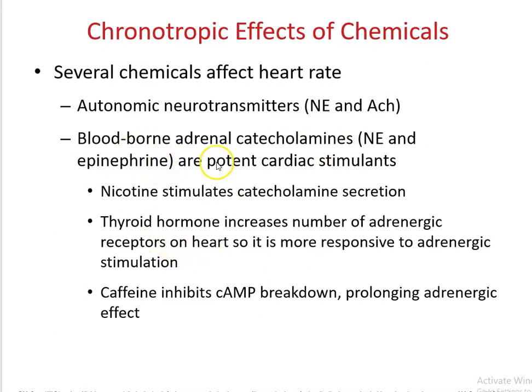They can all stimulate heart rate. Thyroid hormone also increases the number of adrenergic receptors on the heart, so it's more responsive to adrenergic stimulation. Caffeine will inhibit the cyclic AMP breakdown, prolonging the adrenergic effect to increase the heartbeat.